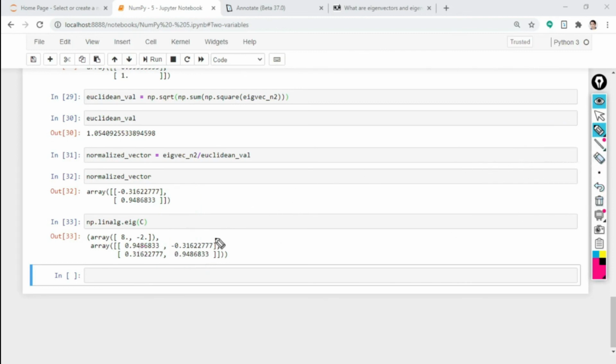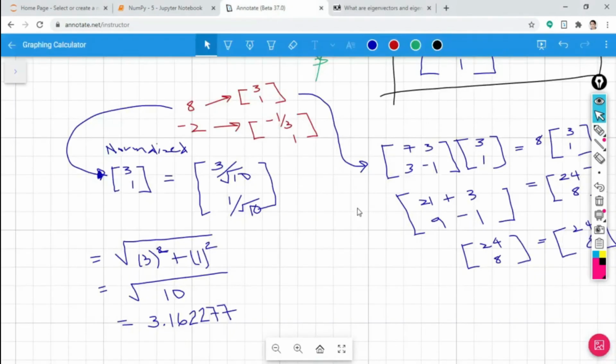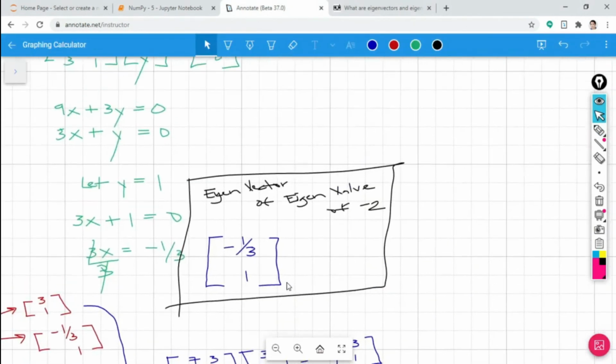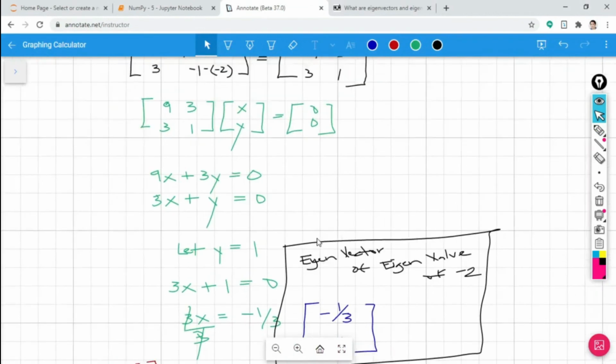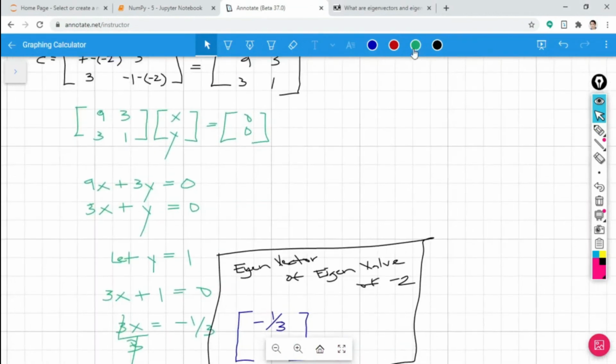So let me clear this out. We derived the answer, but again, it has infinite values too. For example, I've changed the let statement here. I substituted, let x equal 1.